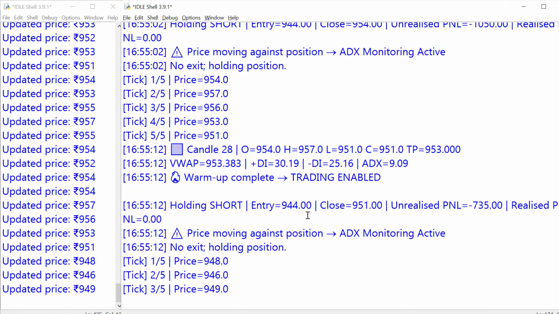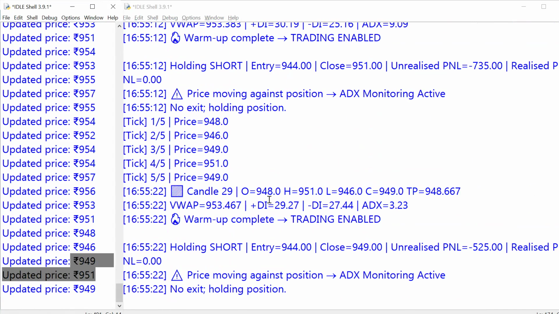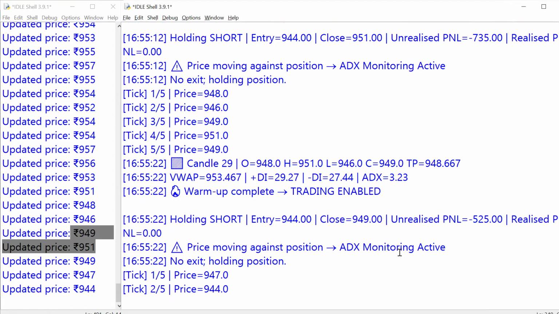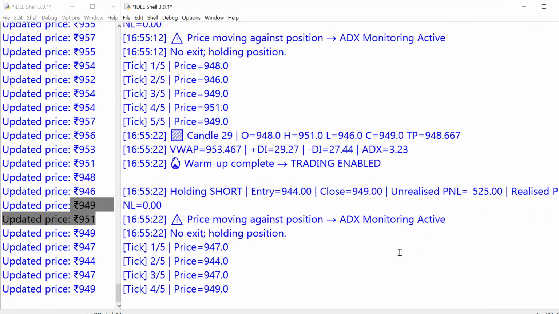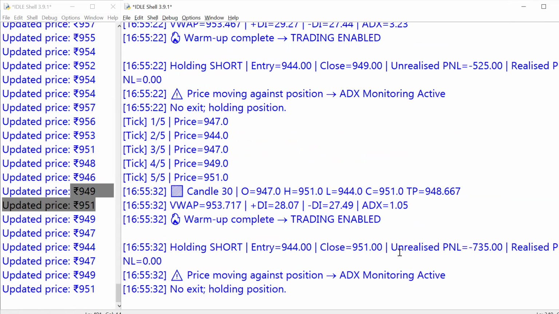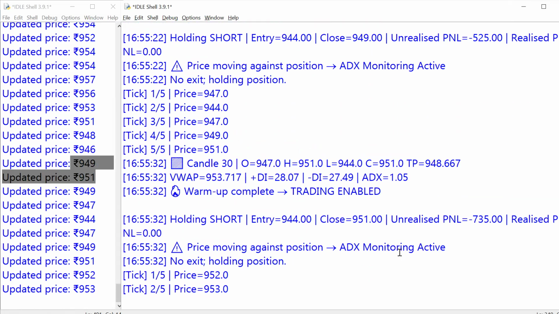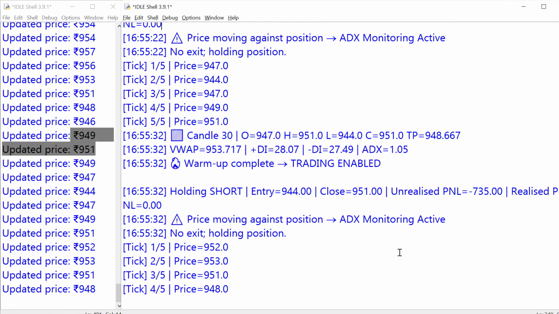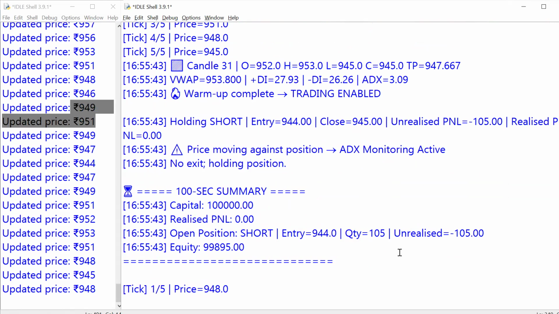You can see here the price has come close to our entry. The trend is still a downward trend. ADX is monitoring because ADX says, okay, the trend is still negative, and if the trend changes, I'm going to book a stop loss.